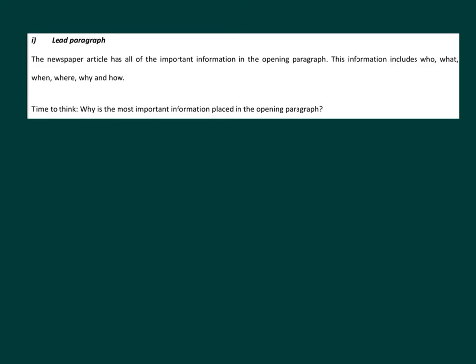Number 1. Lead paragraph. The newspaper article has all of the important information in the opening paragraph. This information includes who, what, when, where, why, and how. Time to think.